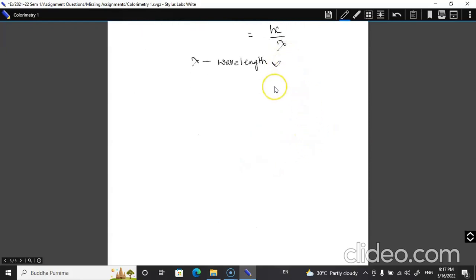Now let us come to the actual experiment. Let us look at the important thing, that is the principle of colorimetry. What is the principle of colorimetry?